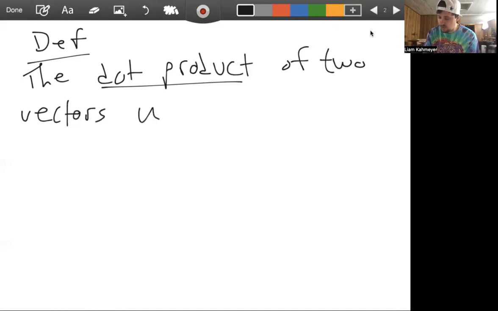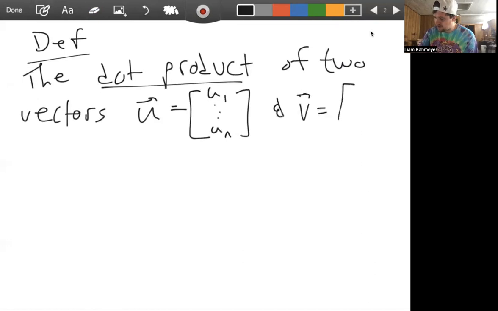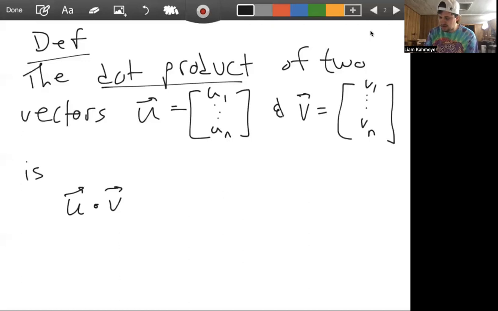Let's say we have U is U1 through Un, and V, which is V1 through Vn, and we write this as U dot V, hence the dot product, right? That's why we call it the dot product.